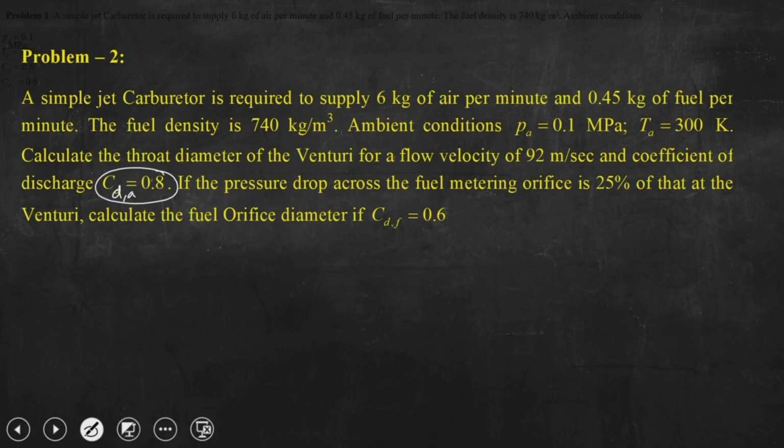If the pressure drop across the fuel metering orifice is 25% of that at the venturi, calculate the fuel orifice diameter if the coefficient of discharge of fuel is 0.6. So, CDF is given. So, what we need to do? We need to first draw the geometry, and from there we will try to solve this problem. So, this is the solution. Let us first draw the geometry.